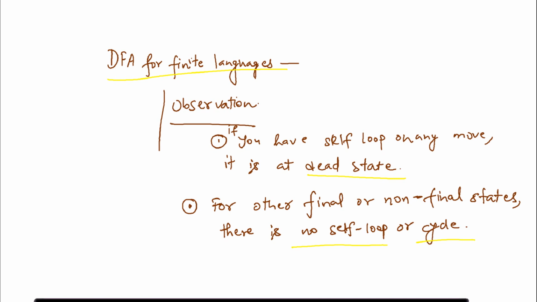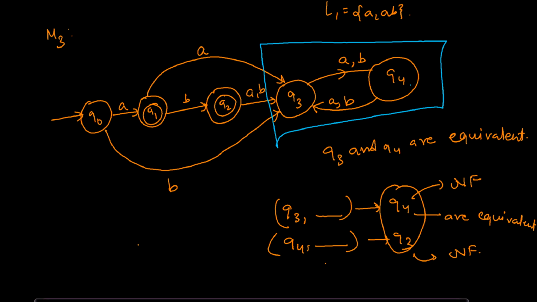Now I will take the case of equivalent states, or equivalent dead states, to be very specific. If you replace Q3 and Q4 by one state, the state that you replace it with will be a dead state, right?